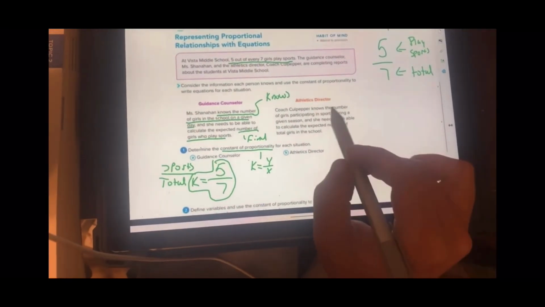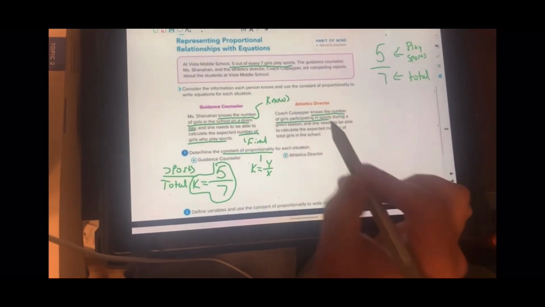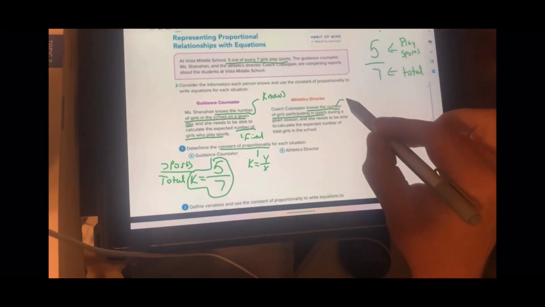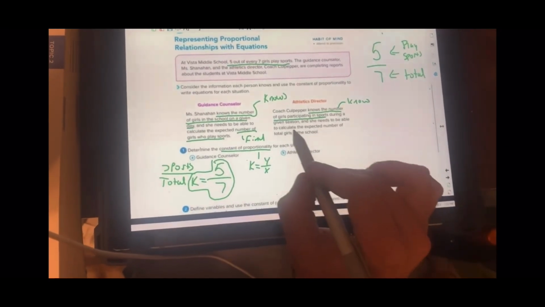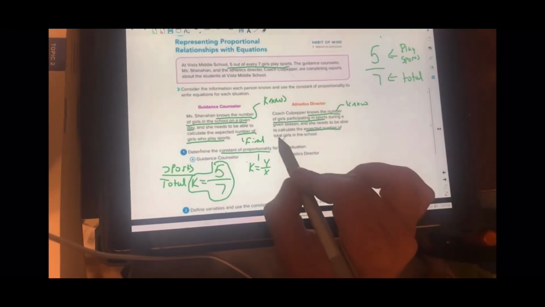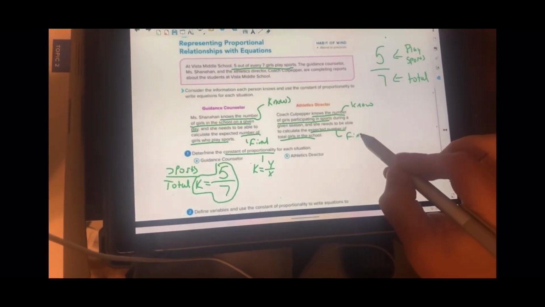Now the AD knows the number of girls participating in sports. So that's what they know. And she wants to be able to calculate, so she wants to find, the expected number of girls in the school. So she wants to find the total.